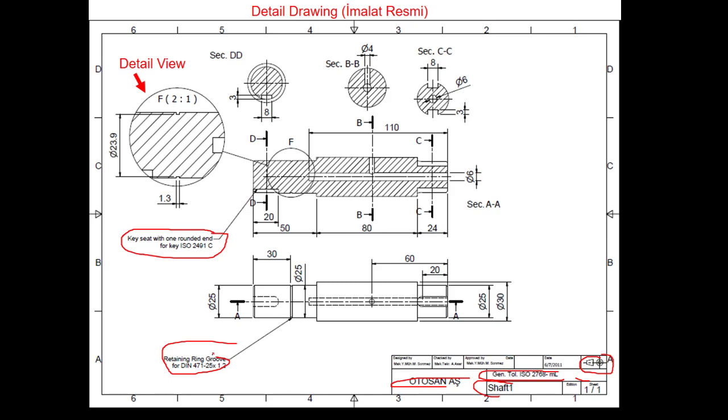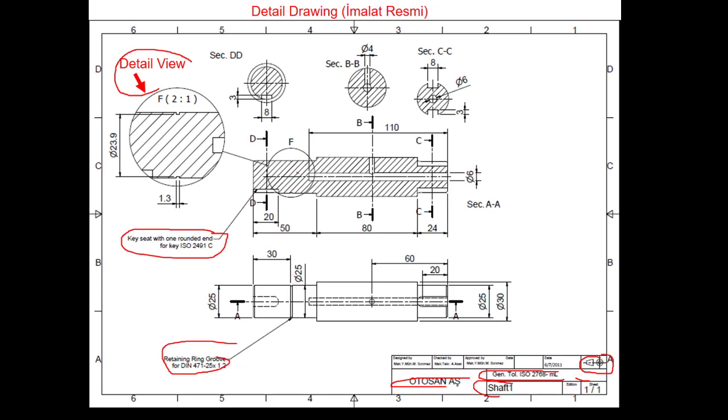Okay. Well, here, one more time, I draw your attention to the difference between a detailed drawing and a detailed view. Here I highlighted it. There is a zoomed projection here. It is to show the bounded part of the object. On this view, we have a retaining ring groove.